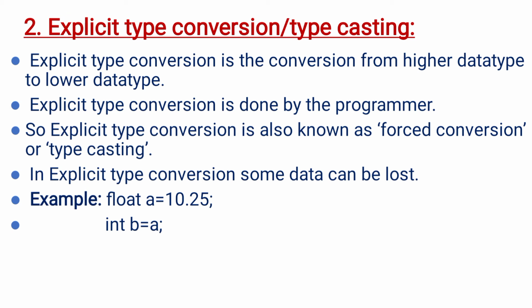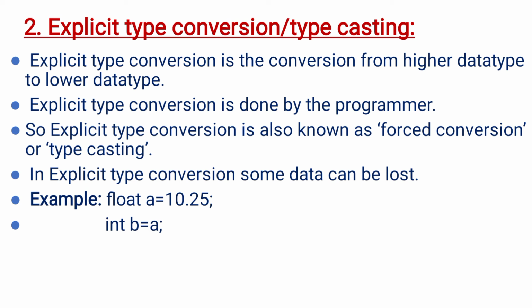But here the problem is b is of integer data type. The b variable belongs to the integer data type here. So it has to store only the integer part, only the exact number part without the point values. So now b is going to store the value 10 only. This 0.25 will not be stored in variable b.